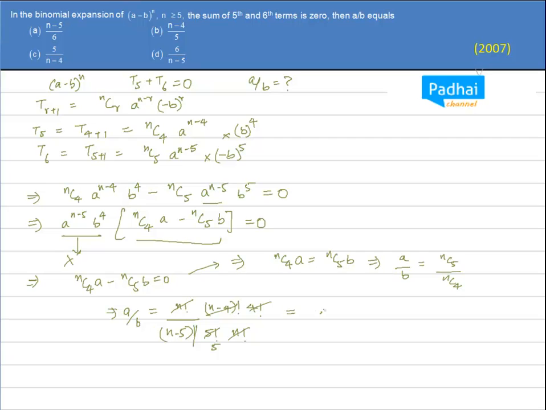So you will get (n−4)/5, which is the answer given in option B.